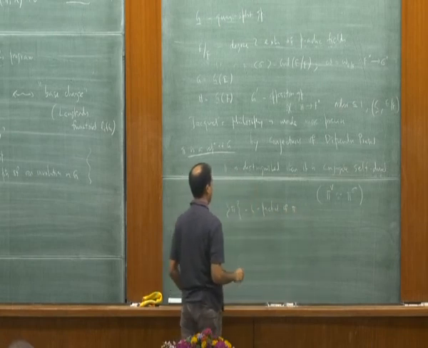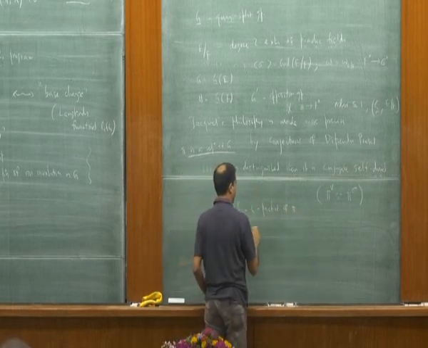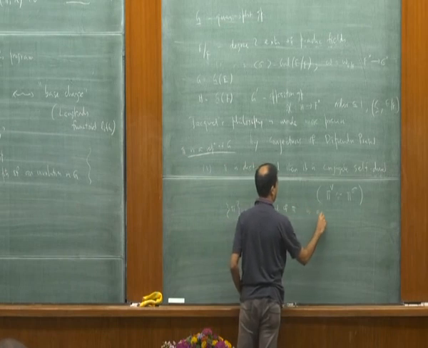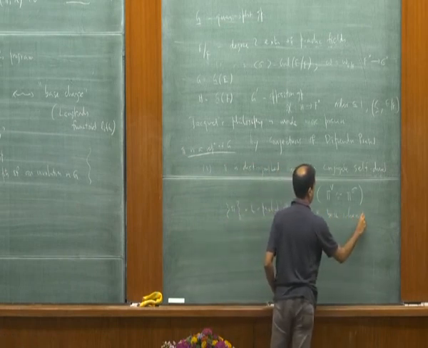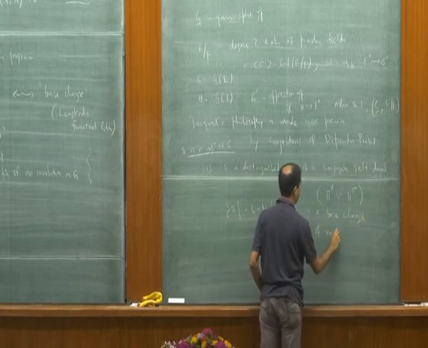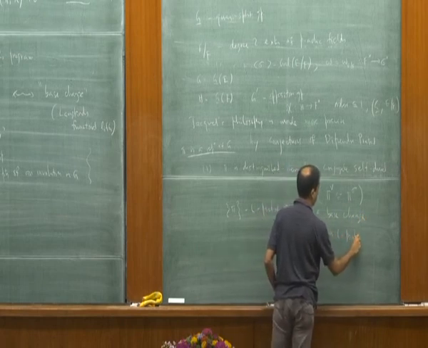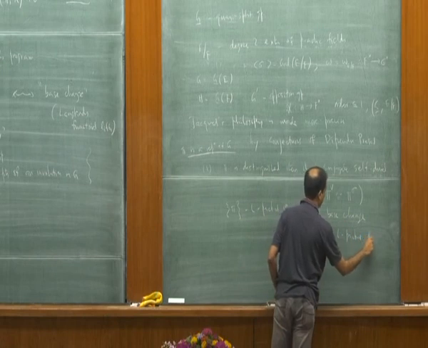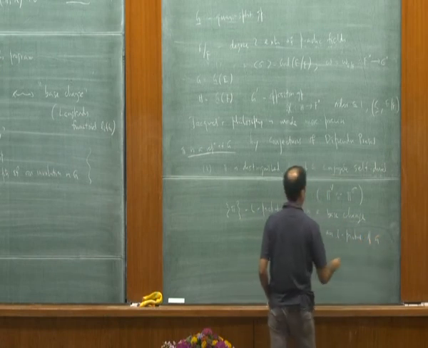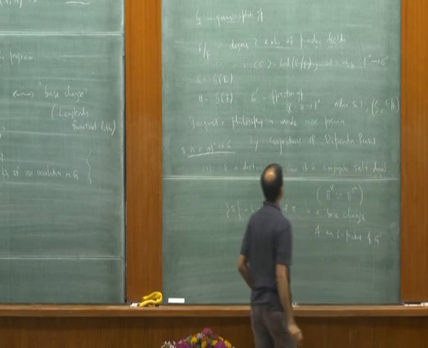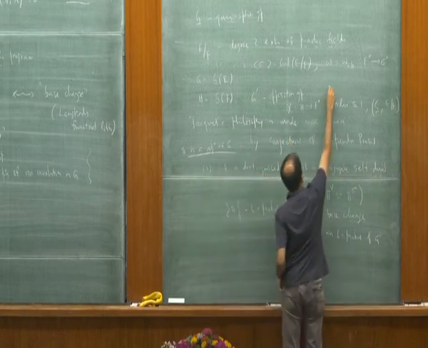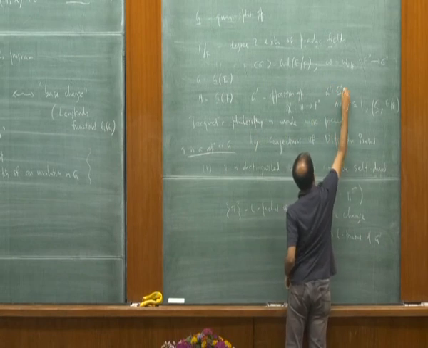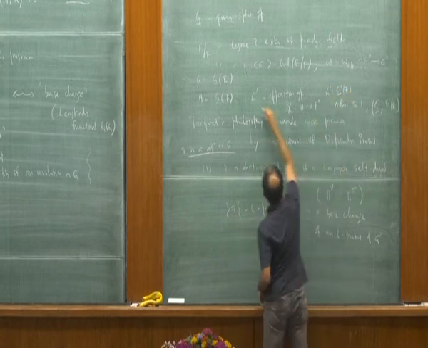And the conjecture says that this is a base change of an L packet of representations of G prime. So by G prime I mean the F points of G prime. I'll continue to denote G prime equal to G prime of F.